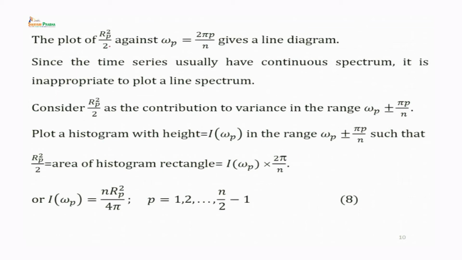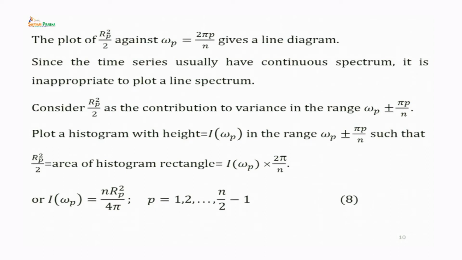Now, the plot of R_p square upon 2 against omega_p equal to 2 pi p by n gives a line diagram. So, if you plot R_p square by 2 against omega_p, then you get a line diagram.